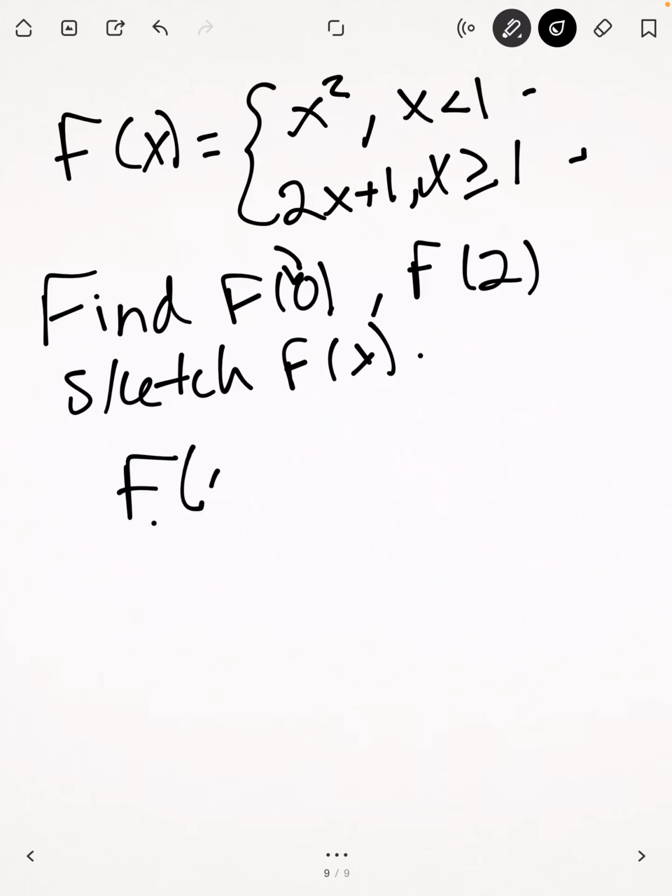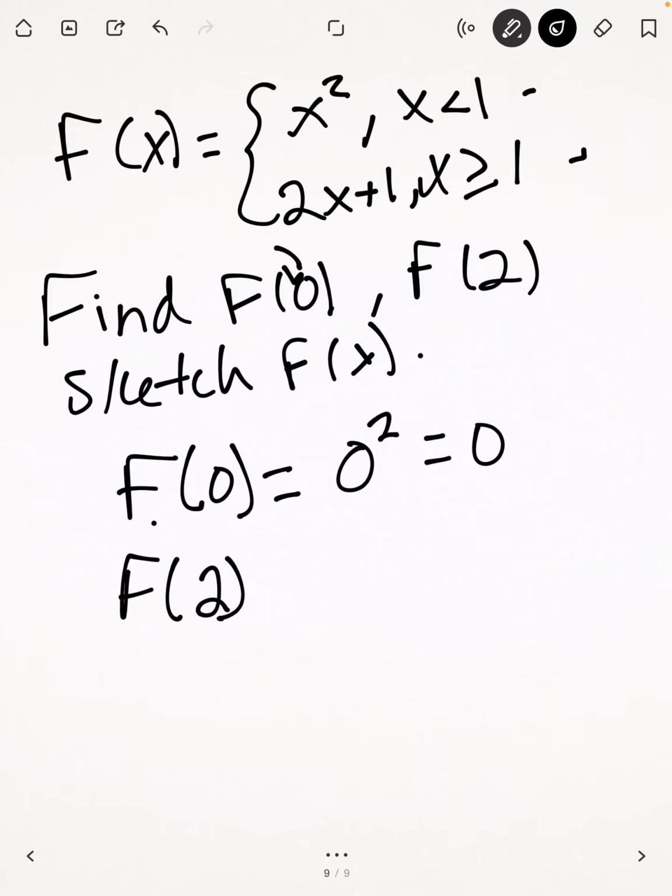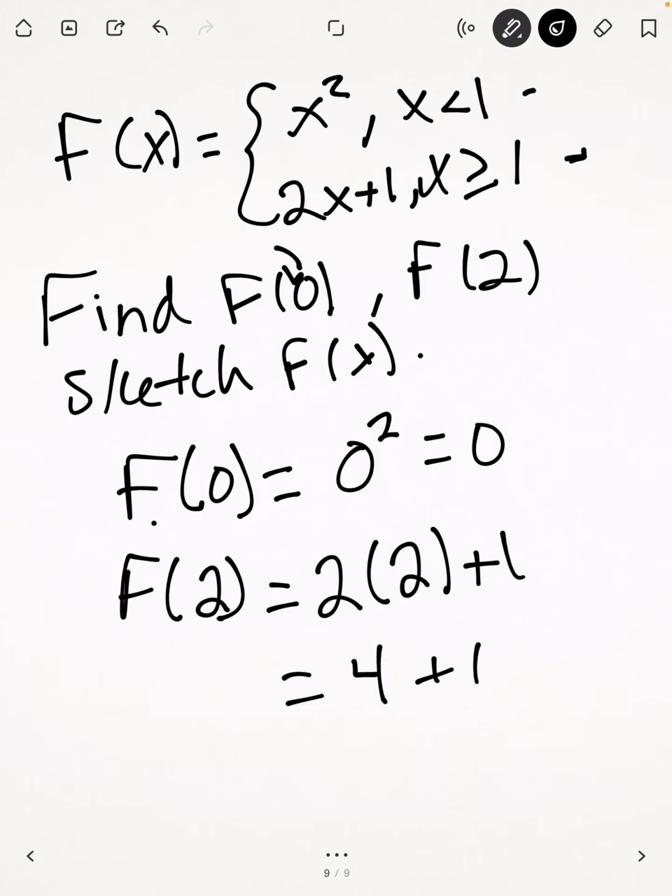So f at 0 is just going to be 0 squared, which is 0. Conversely, f at 2, because 2 is bigger than 1, we get 2 times 2 plus 1. And so here we get 2 times 2 is 4, plus 1, or 5. So f at 0 is 0, and f at 2 is 5.